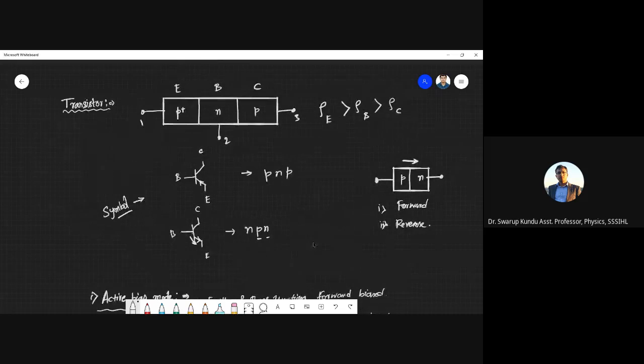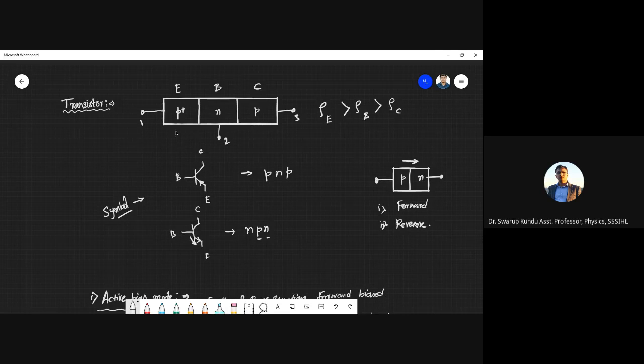fine. One more thing, coming to the current in a transistor. As you can see, a transistor is a three-terminal device. Now, if you know the current in any two of the terminals, you can always calculate the other terminal current by using Kirchhoff's current law, right? Like a PN junction diode, it has just two terminals, so whatever current flows through the P side has to pass through the N side.